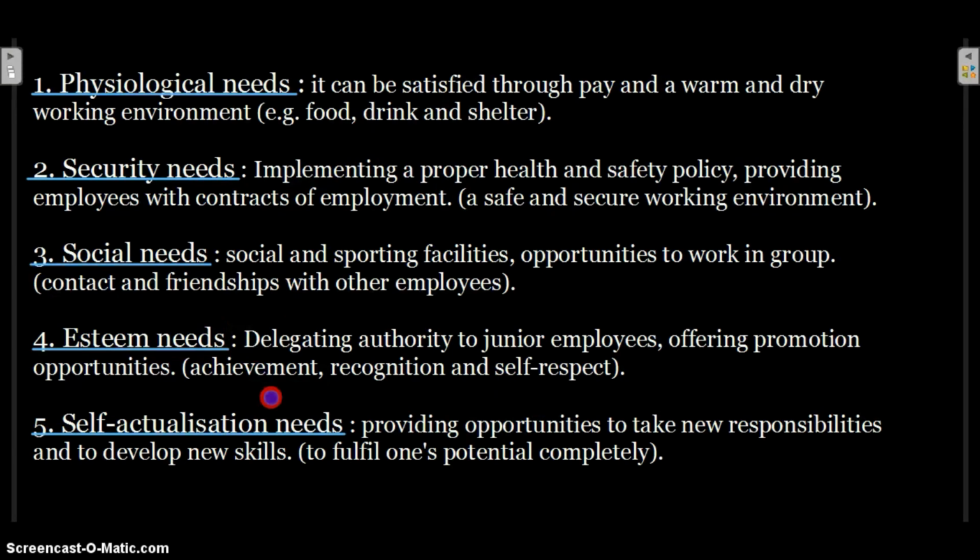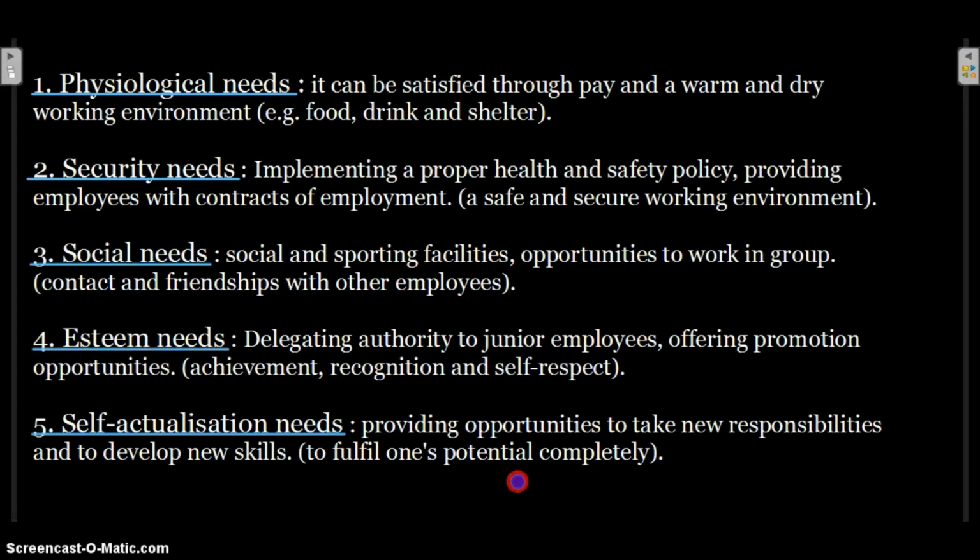And finally we have self-actualization needs, where you provide opportunity to take new responsibilities and to develop new skills to fulfill one's potential completely. So you can say job redesign, we're going to talk about that as well, what job redesign is. Allowing employees to make their jobs challenging and more satisfying, so that they are more excited to do the job.